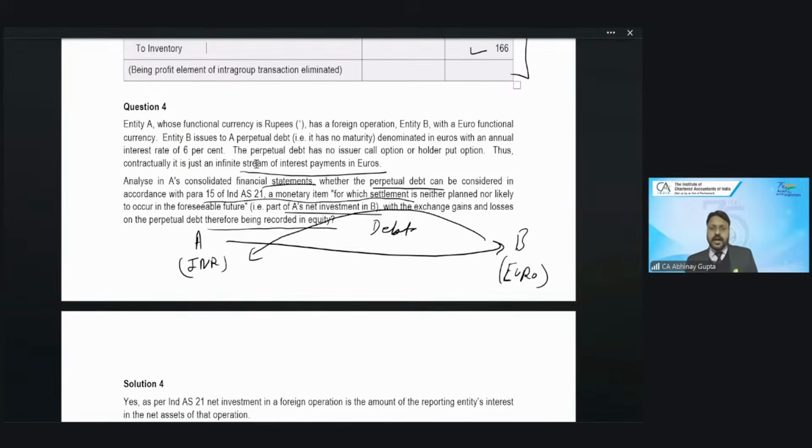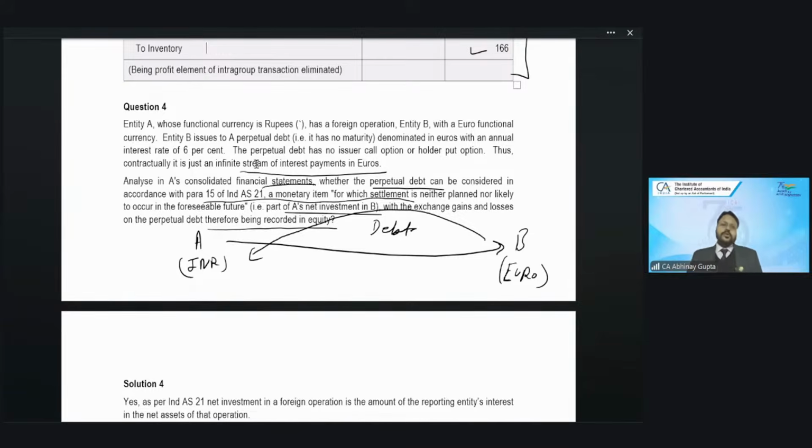Interest payments are happening on a regular basis, right? And you are saying that that will be regarded as a net investment. So, what is the logic? Sir, it is not repayment of the principal debt.